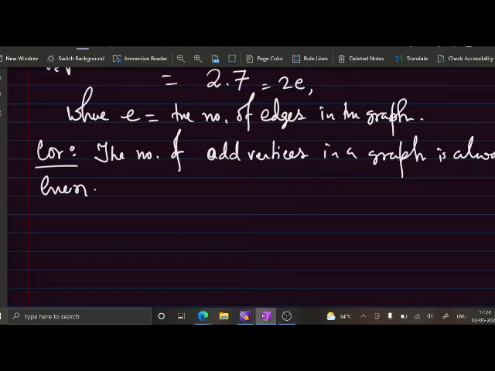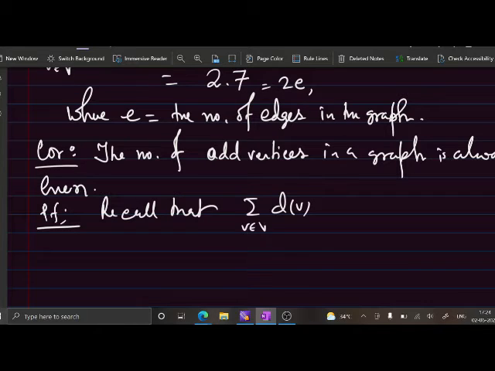So odd vertices means a vertex of odd degree. So what is the proof of this corollary? Recall that the sum of d(V) is 2E, which is even.